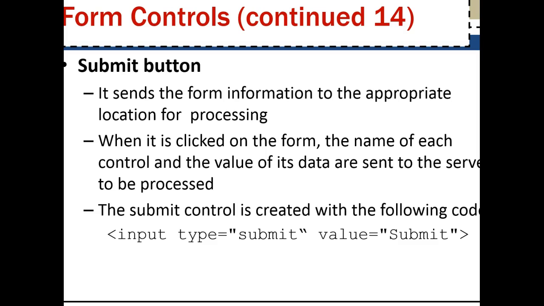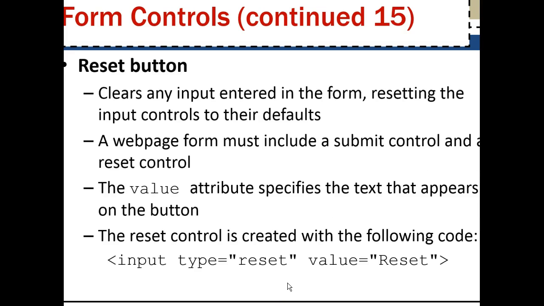A submit control is created like this: input type submit, and then you put the value submit. The reset button clears any input entered in the form, resetting the input controls to their defaults. So you can put the input type reset and then the value as reset.